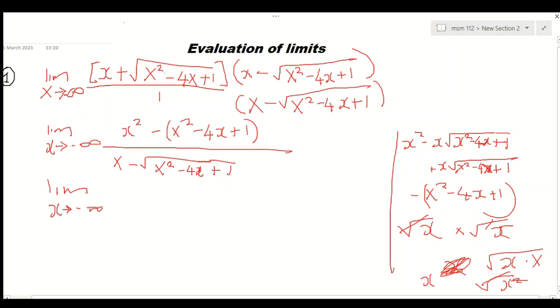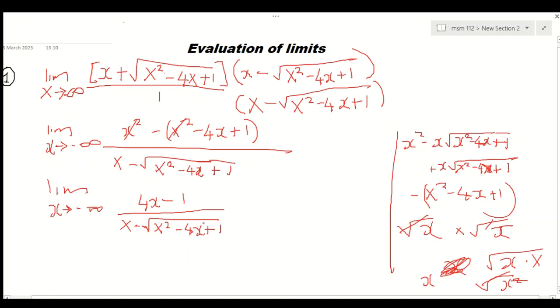You see that this and this will cancel. You remain with 4x minus 1 over x minus the root of x squared minus 4x plus 1.